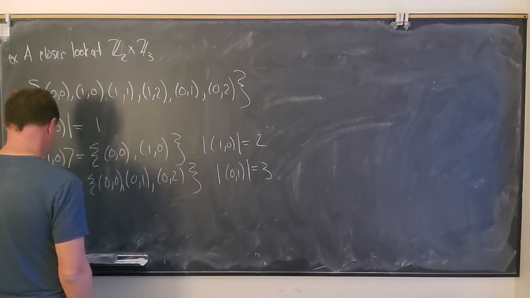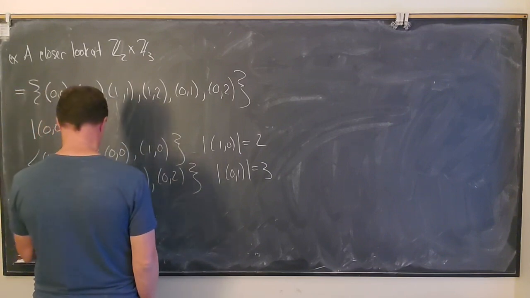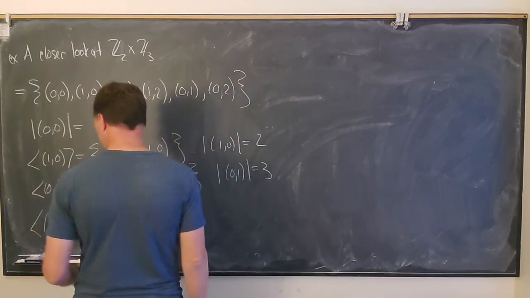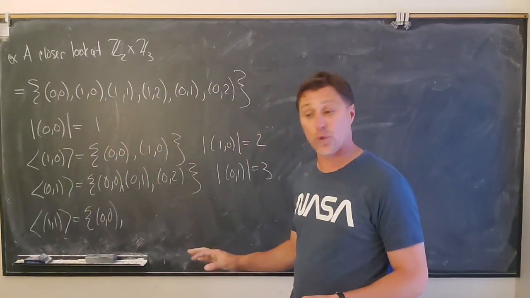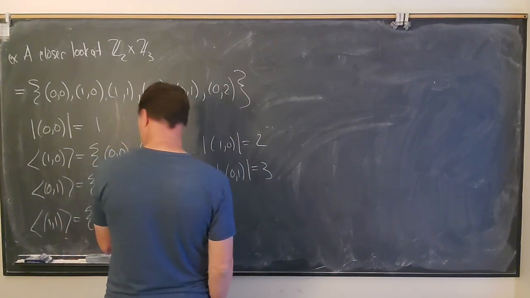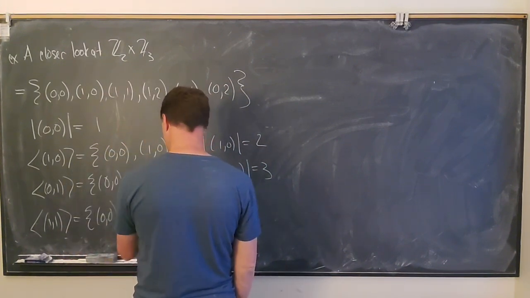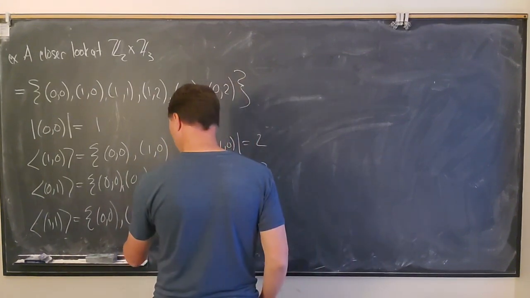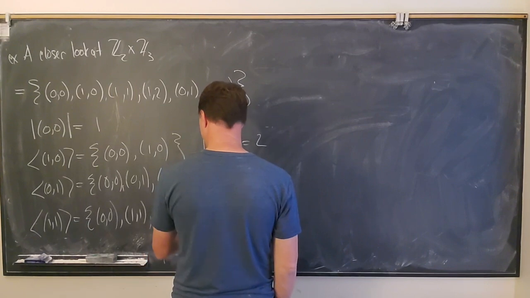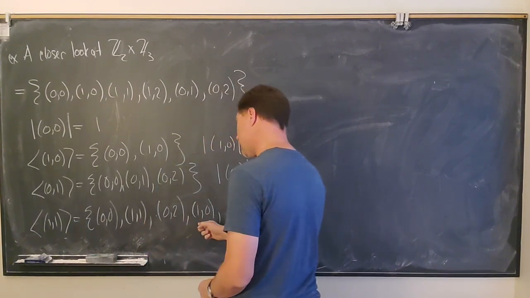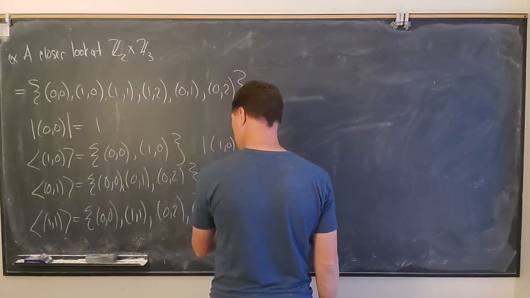But now, if you look at the subgroup generated by (1, 1). Okay, so it's definitely going to have (0, 0) in it. And what I'd like to do is just start adding (1, 1) to itself. So of course there's (1, 1). Add it to itself, you get (0, 2). Add it to itself again, so (1, 1) plus (0, 2) is (1, 0). Do that again, (1, 1) plus (1, 0) is (0, 1).